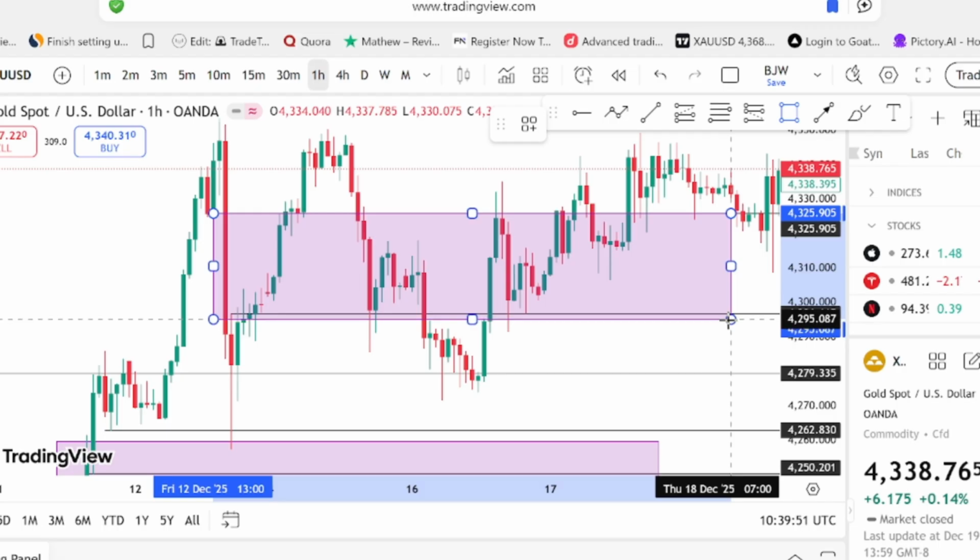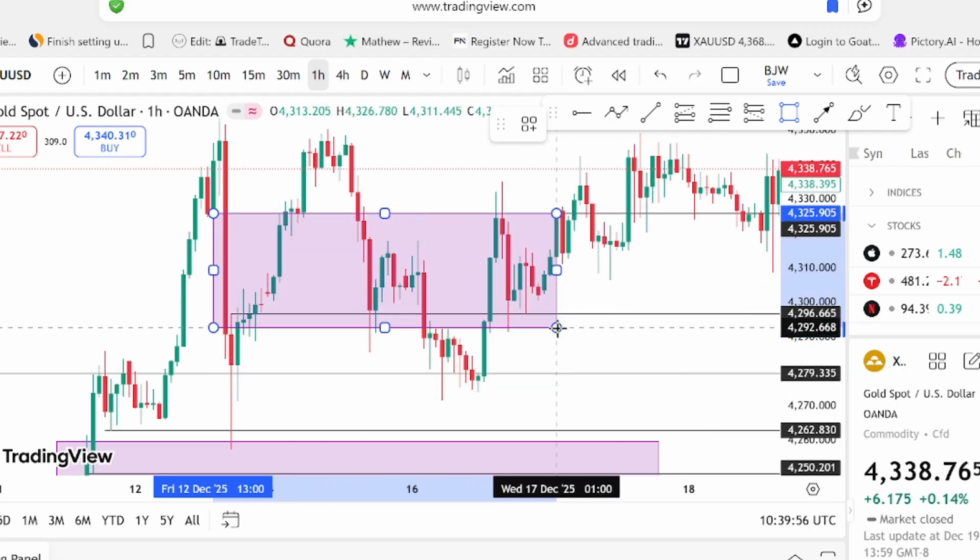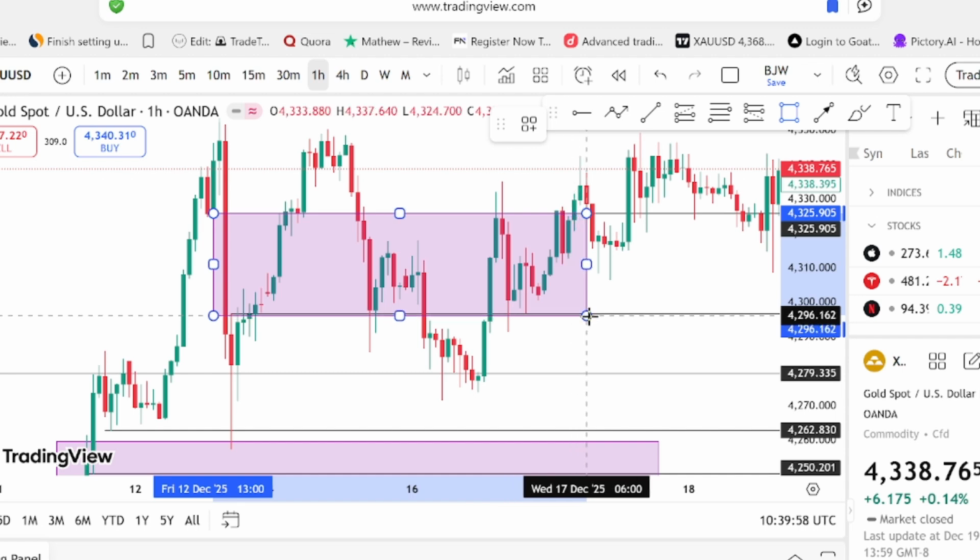And what did the price do? Price clearly took it out and kept on going. It's just that easy. So you can literally spot out an FVG in the sell position. You can still spot out an FVG in a buy position. So FVG happens on both sides, right?